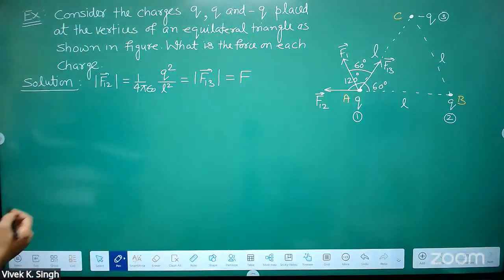So what will be the resultant F1? Can you find the magnitude of the resultant F1?